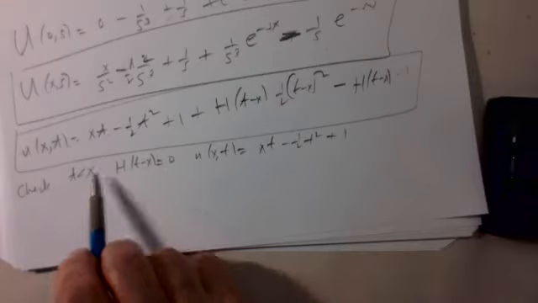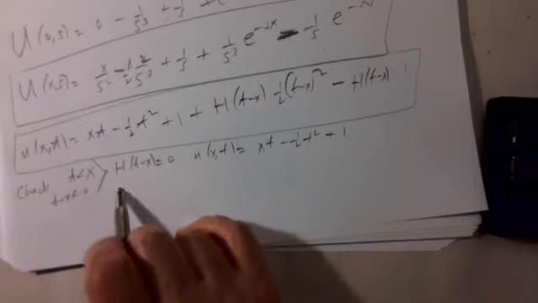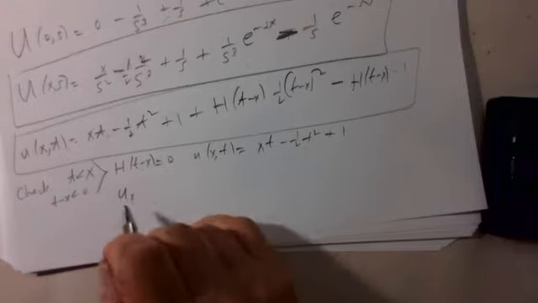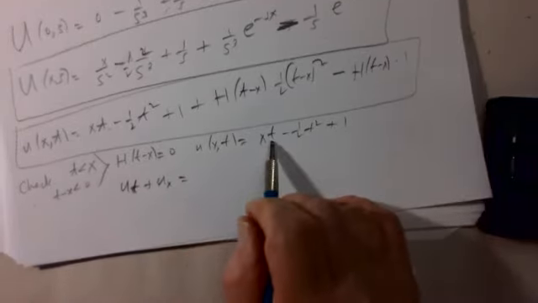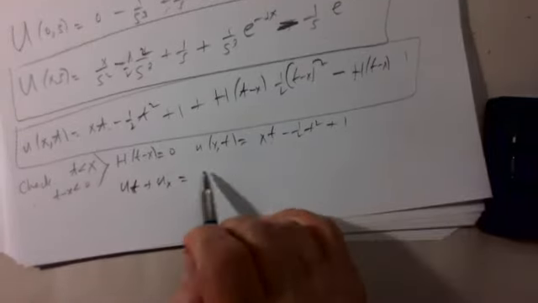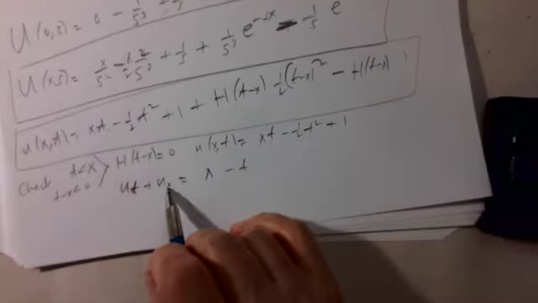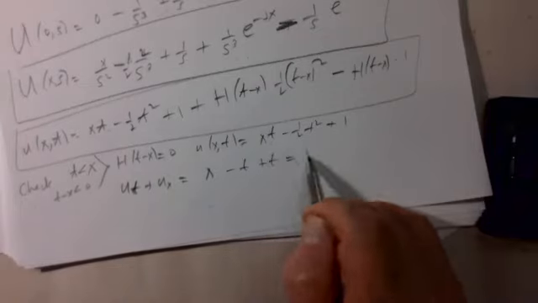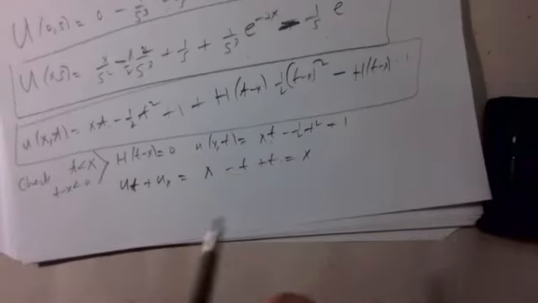So if t is less than x, t minus x is negative. So u sub t plus u sub x: differentiate with respect to t, I get x minus t. Differentiate with respect to x, I get t. So I get x. That's the differential equation I had to satisfy.